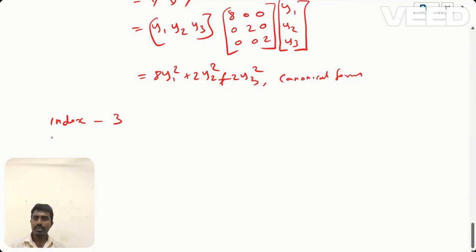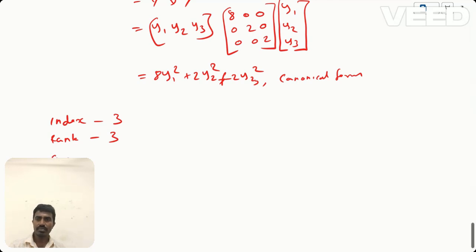And then rank is the number of non-zero eigenvalues. Here the non-zero eigenvalues are 8, 2 and 2, so the number is 3. Otherwise we can say the number of terms in the canonical form. Here it is 3, so rank is also 3.